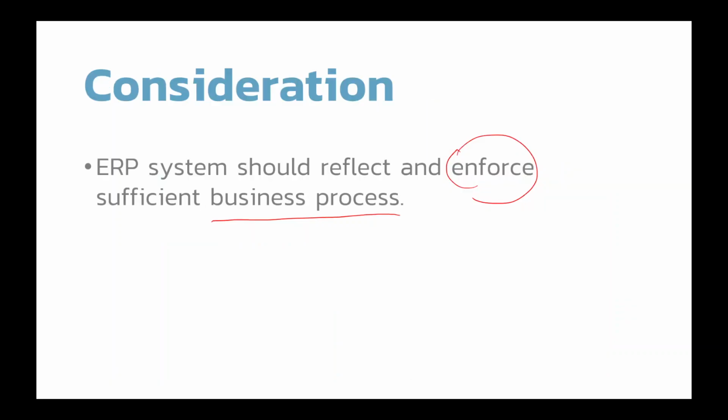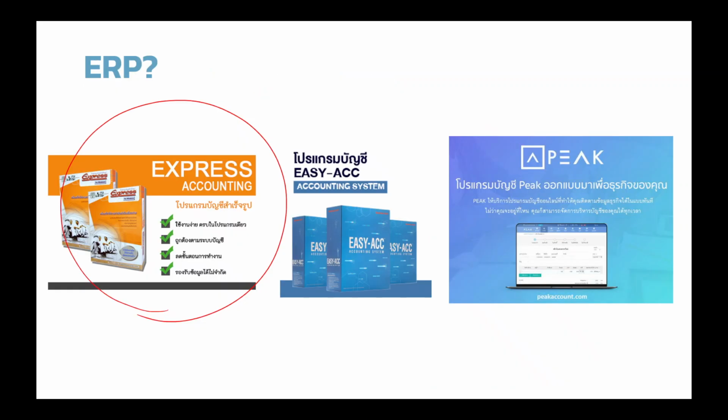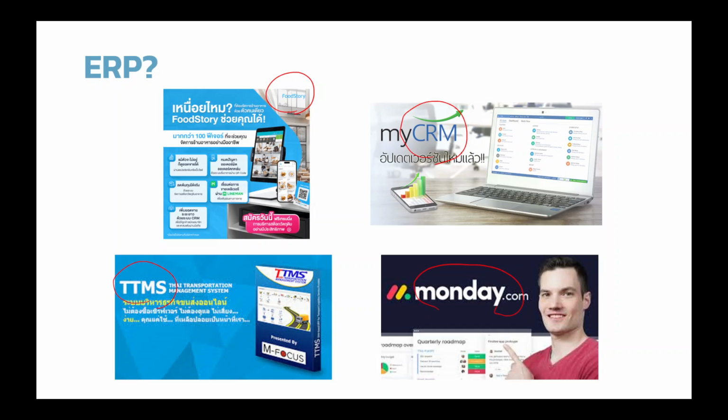Okay? But it can be a little bit fuzzy because, for example, Food Story is doing the POS, which is point of sale, but they also control inventory too. So it is kind of enforcing the customer side all the way into your inventory, but it doesn't do accounting.